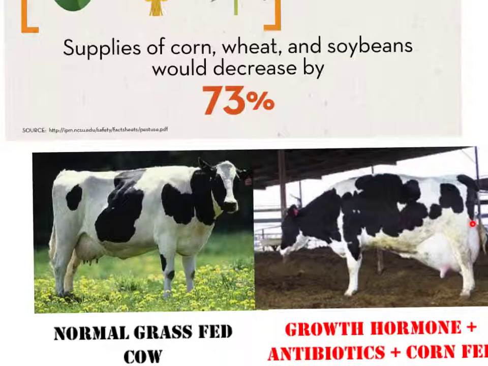Now, the downside of all of this is that it is a massive use of antibiotics. In fact, something like 80% of antibiotic use is in animal foods. So when we talk about antibiotic-resistant bacteria, the use of antibiotics in animal feed is probably a massive contributing factor to the production of bacteria which are resistant to antibiotics.